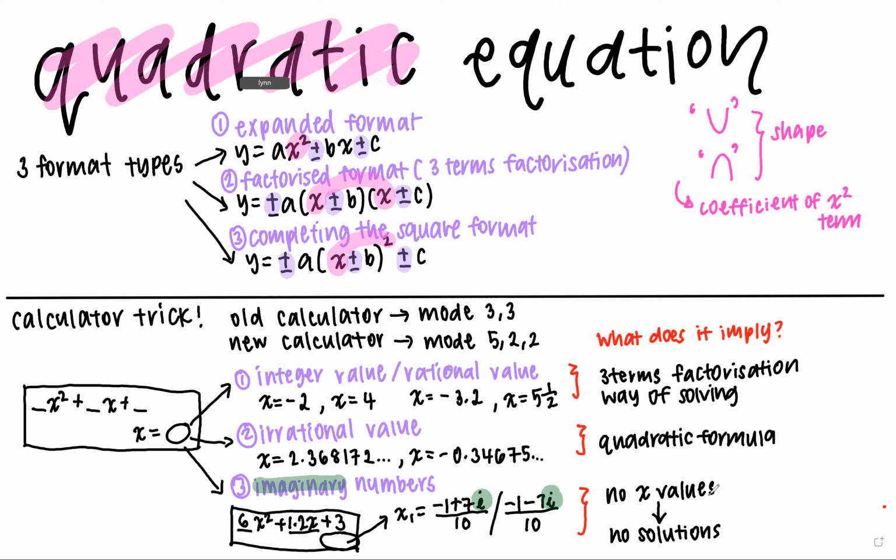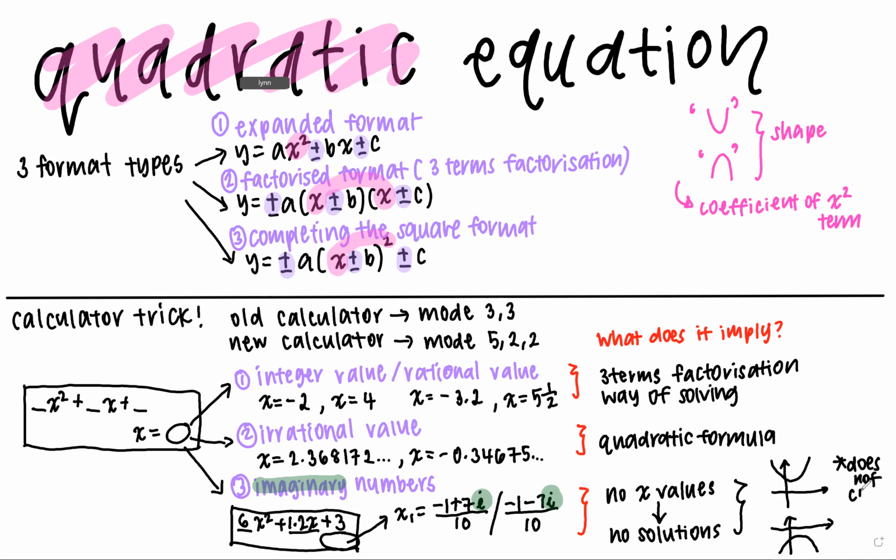So what does it mean for it to be no solution? It means that when you draw the graph, it will look like that. It'll be above the x-axis or it can be below the x-axis. But the key thing is it does not cut the x-axis.